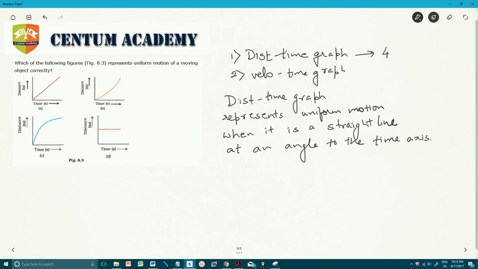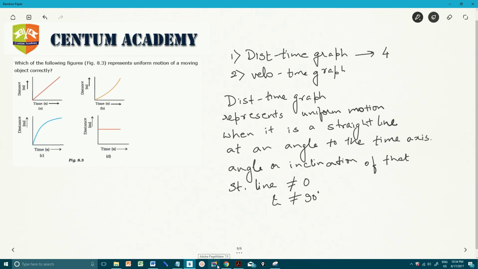Now the angle or inclination of that straight line should not be equal to 0 and should not be equal to 90 degrees. So out of all these four, the one distance time graph in which the graph is inclined to the time axis but neither making an angle 0 nor 90 degrees is 1. So this is the one which represents uniform motion.